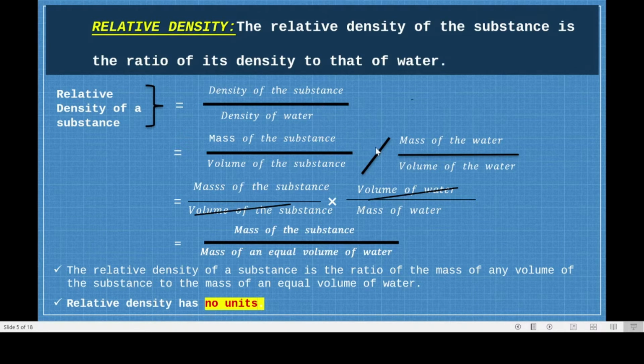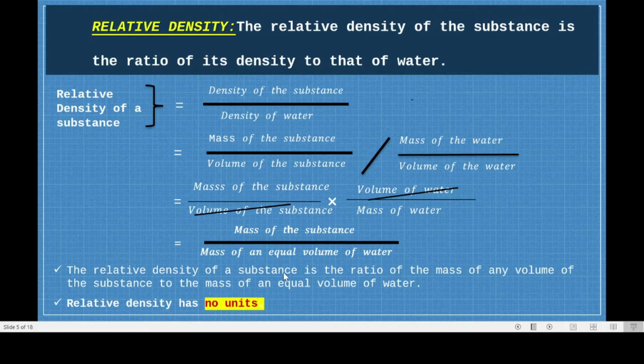Similarly, density of water is mass of water divided by volume of water. Since both volumes are equal, they get cancelled with each other. So, we are left with mass of the substance to the mass of water.